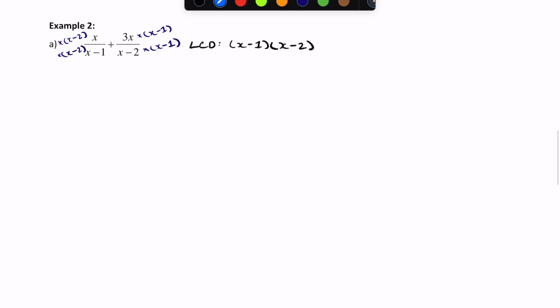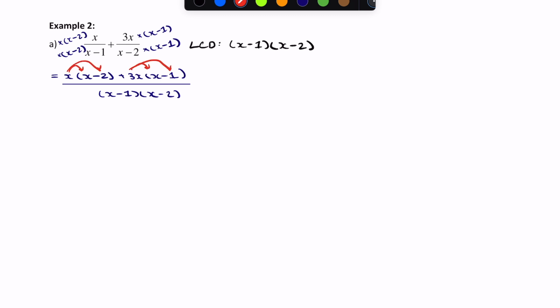So here, once we do that, we'll be left with x times x minus 2 plus 3x times x minus 1, all over x minus 1 times x minus 2. And we'll distribute this in.